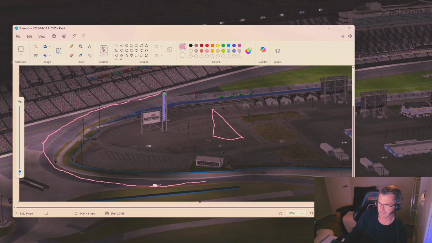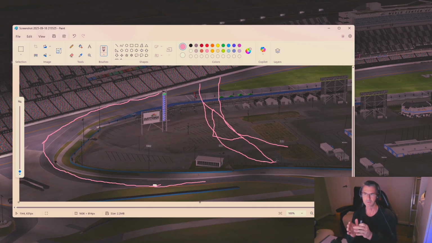This is the longest distance between these two points. If this was a corner, let's say that's the outside of the corner, and that's the inside of the corner. Then clearly you want to take the hypotenuse. That's the theory. That's what a corner is.